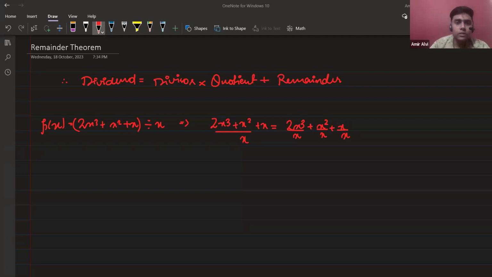One more thing: suppose in the 15 example, 6 twos are 12 and 3 is left, the remainder is 3. Now tell me, is 6 a factor of 15? No. Because a factor is a thing which makes the remainder 0.